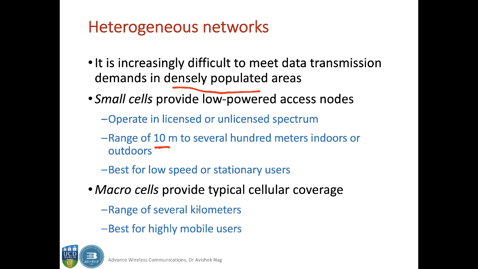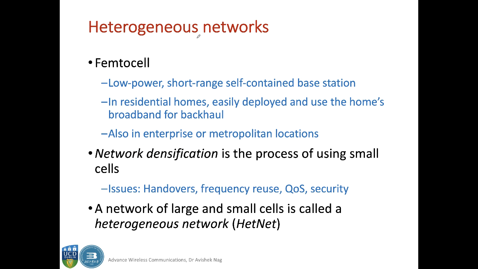And the macro cells provide the typical cellular coverage, so their ranges are several kilometers, and these are best for highly mobile users. So the macro cells are basically the existing base stations, and the small cells are a new technology. Since the small cells and macro cells exist together, they form a heterogeneous network. Okay.